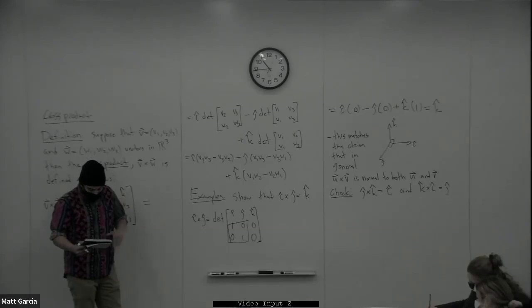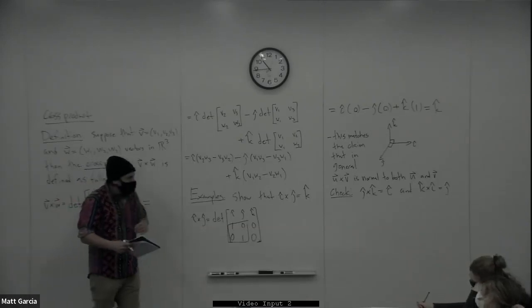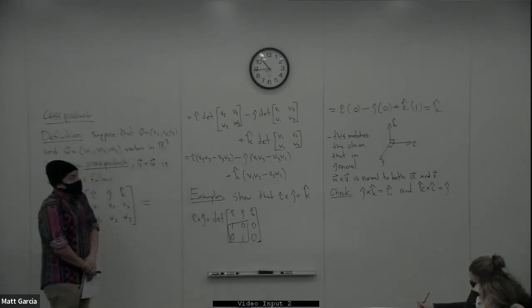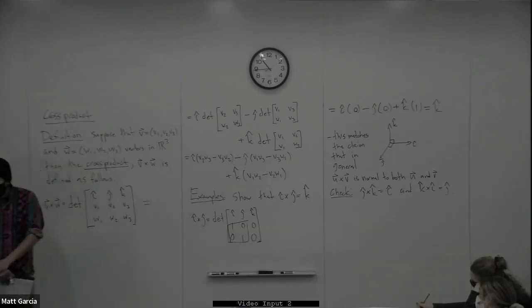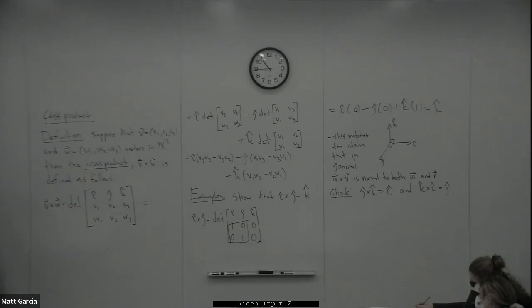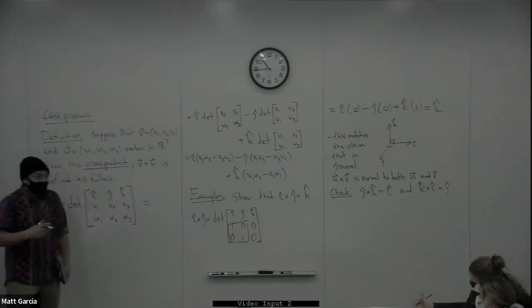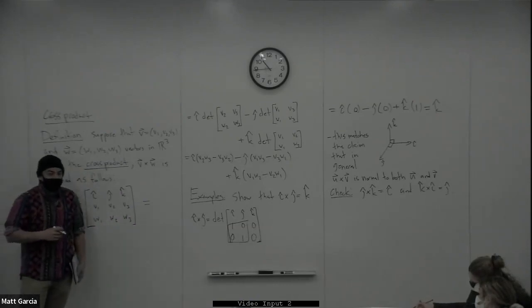Okay, so now I want to talk about, remember when we discussed the dot product, we said that it encodes certain geometric information about the vectors that you're taking the dot product with, right?